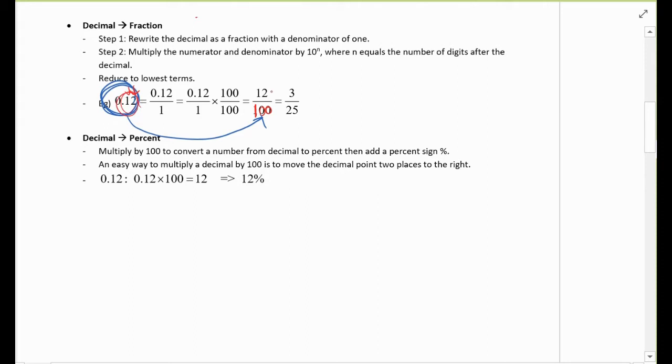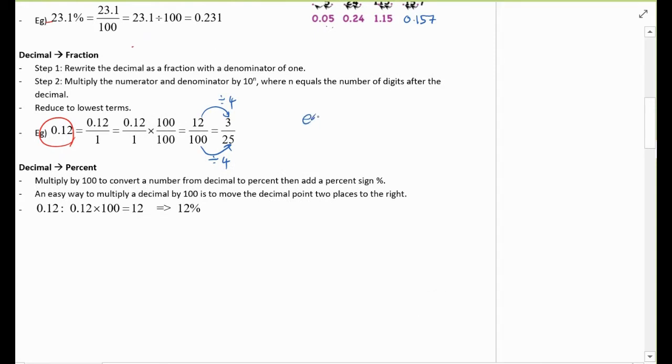So write down 12 in the top. So 0.12 becomes 12 over 100. Okay? And after that, you're going to reduce this fraction. So 12 divided by 4 becomes 3. 100 divided by 4 becomes 25. Make sense, everyone?